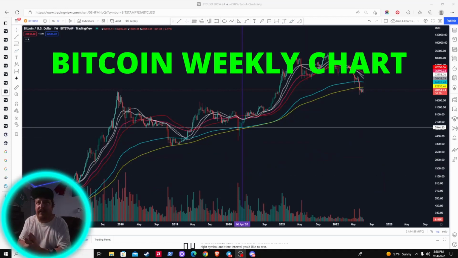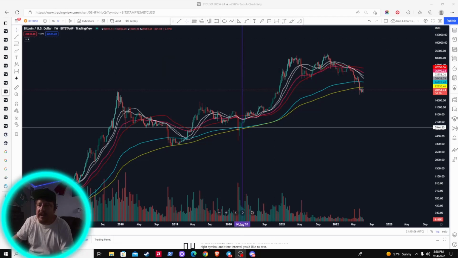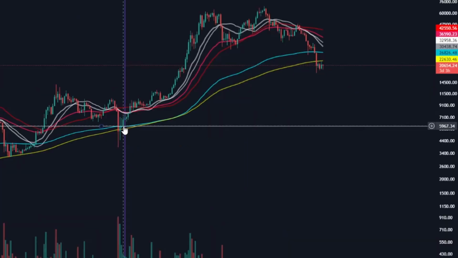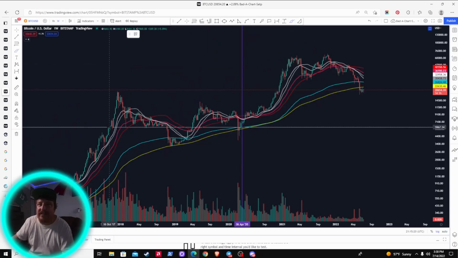And lo and behold, here is our Bitcoin weekly chart. I've already put this nice little purple vertical line here to show you where price action was at early April of 2020, and check it out. It was right after the COVID crash where it had retested the 200 weekly EMA and SMA moving averages, and we were at around $6,000, which there's a lot of confluence there as well because previous blow off top for this bull market of 2017, early 2018, that was where it had been finding support for a long time when it was in this descending triangle before it capitulated one final time.